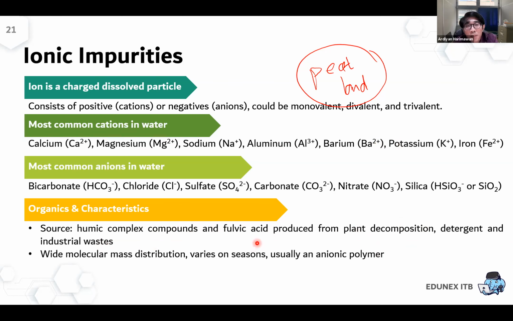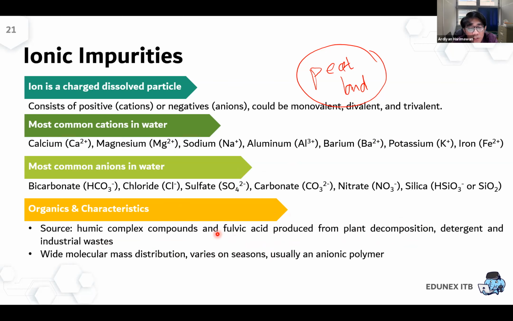In the peatland area, normally the water color is brown. It's like tea color, ya. Jadi warnanya tuh kayak teh gitu ya, coklat. And it has a low pH value because of the acid compounds.